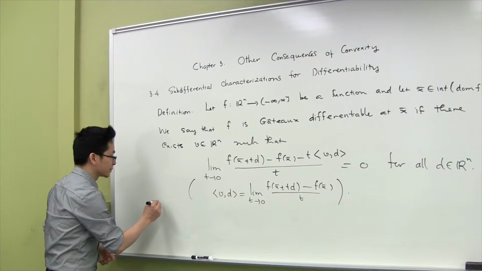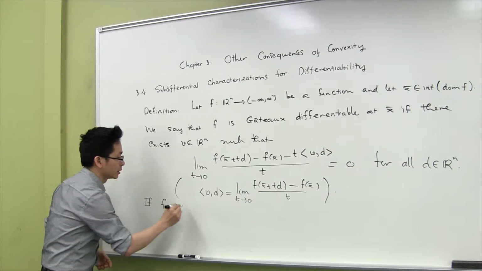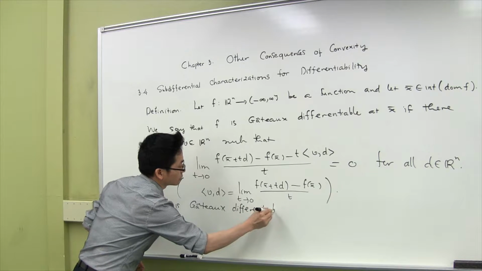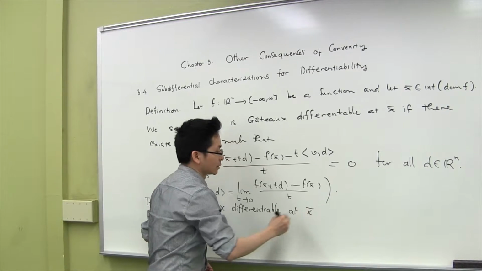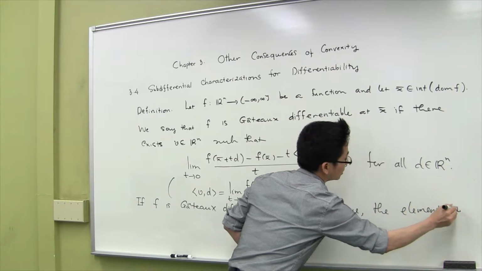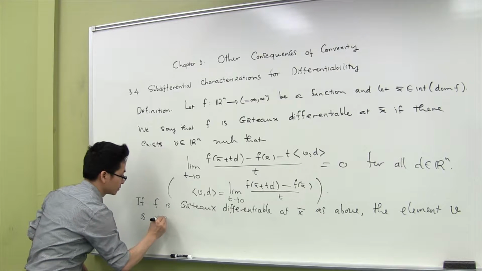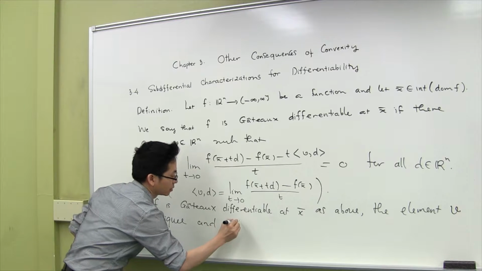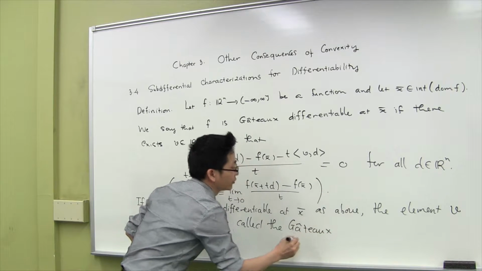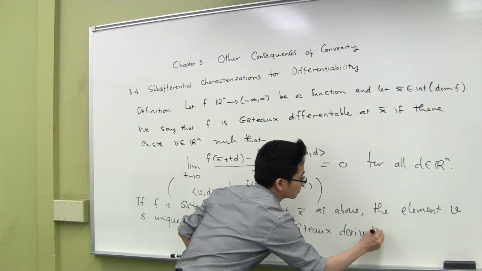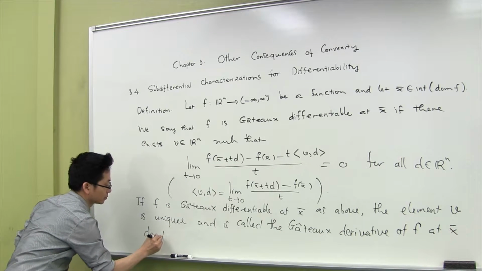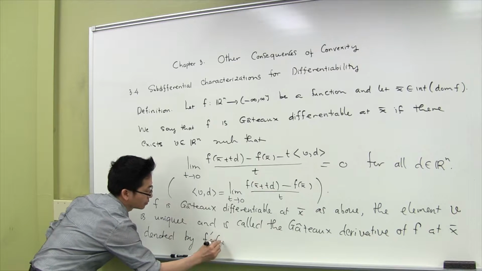So if f is Gateaux differentiable at x bar as above, the element v is unique and is called the Gateaux derivative of f at x bar, denoted by this notation.